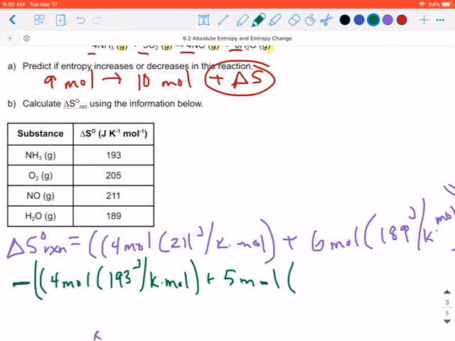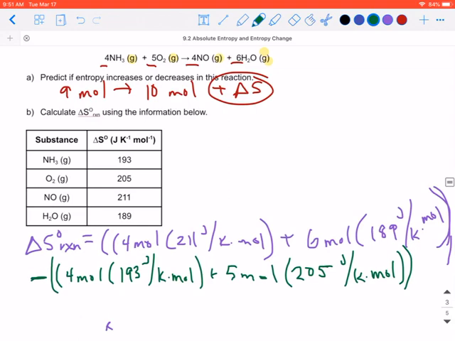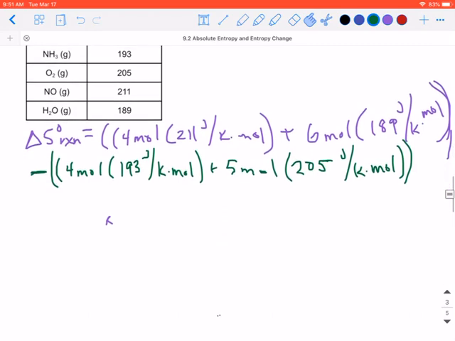So 5 moles times 205, which is oxygen's entropy, joules per Kelvin times mole. Okay, so if I solve this one all the way out now, let me give myself some more space.